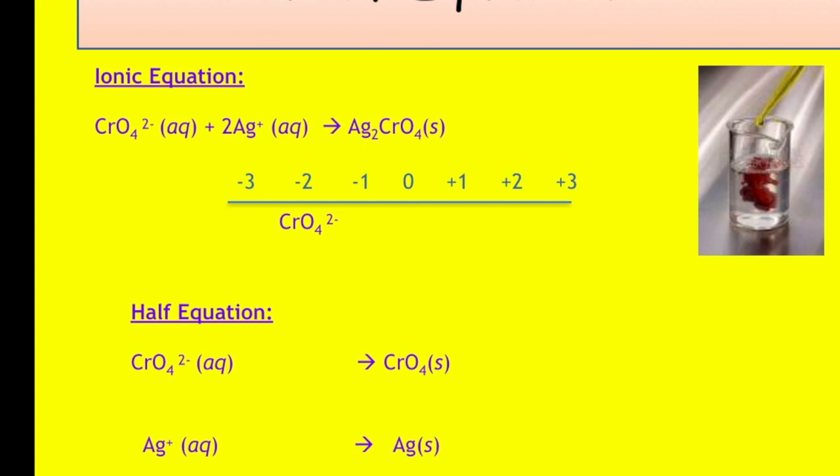First up is put the CrO4 2 minus on the number line at -2, because that's the charge that it has. And then we're going to put the CrO4 solid at 0, because that molecule is not charged. So if we see a molecule without a charge on, we can always just put it there under 0.